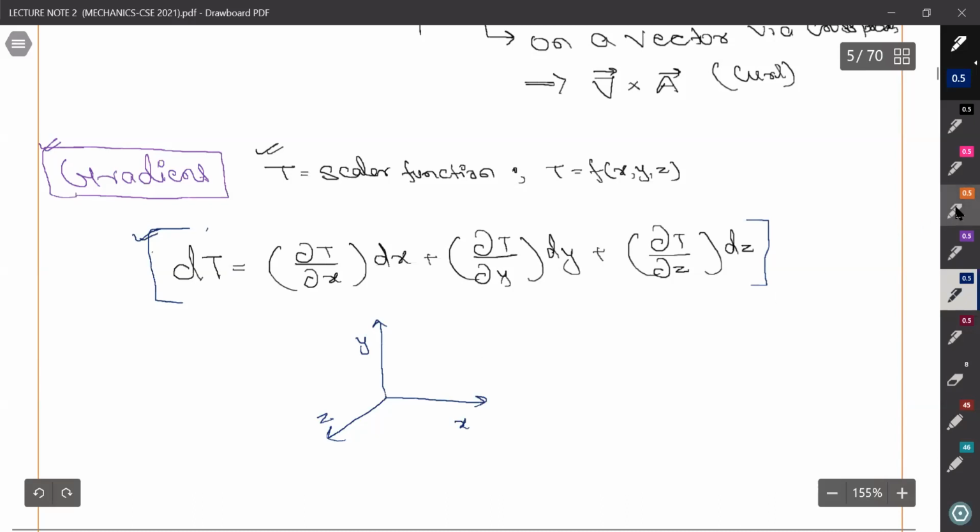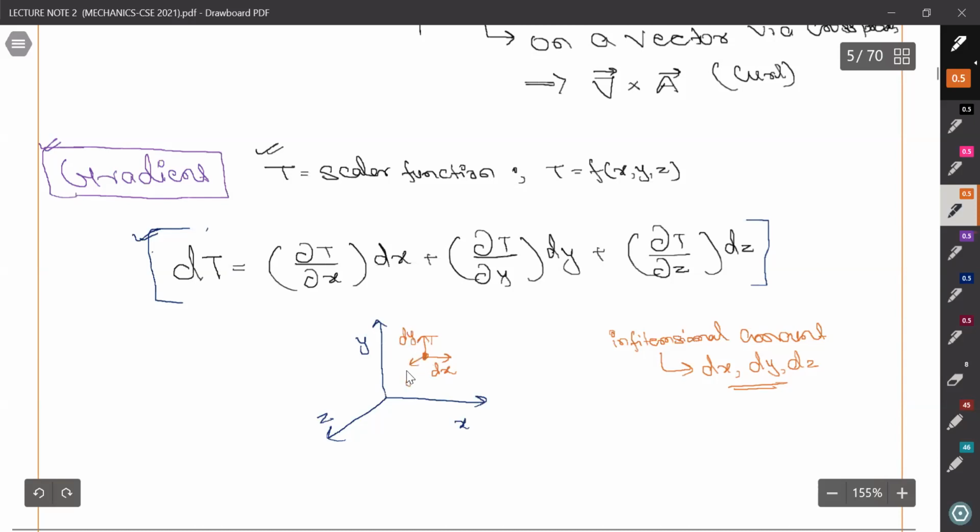If we have the temperature at this point, this is saying how the temperature will change if we change the variables by a very small, infinitesimal amount, that is dx in x, dy in y, and dz in z. How T changes, that it will define.